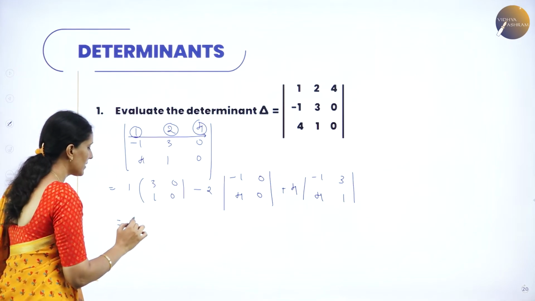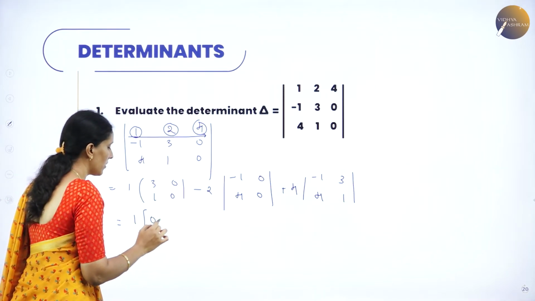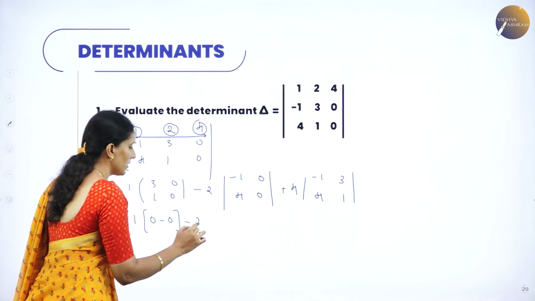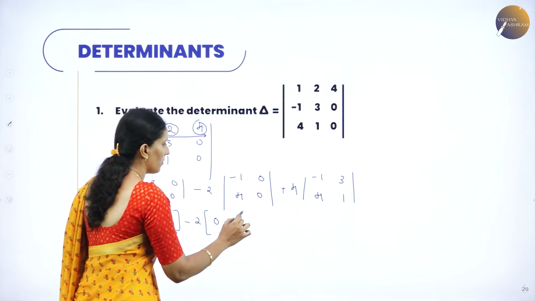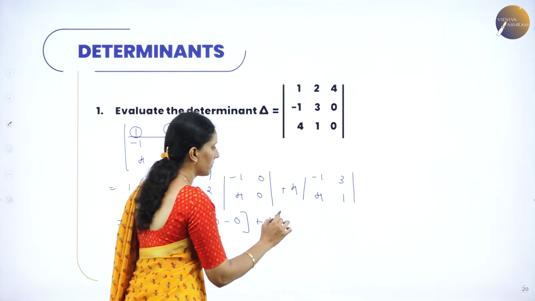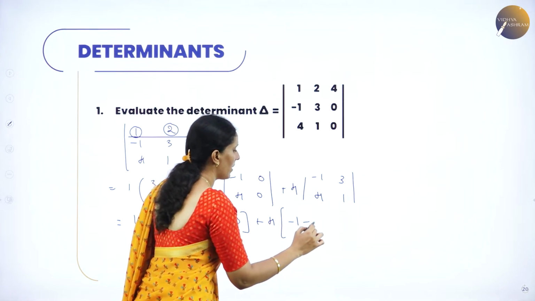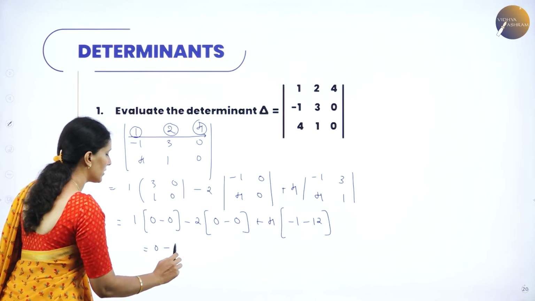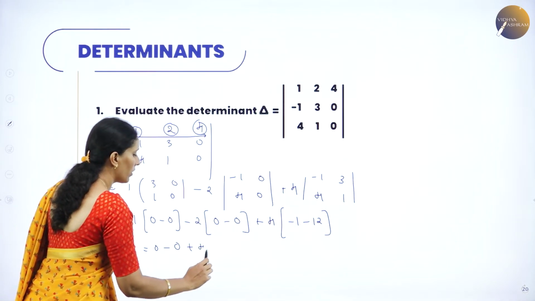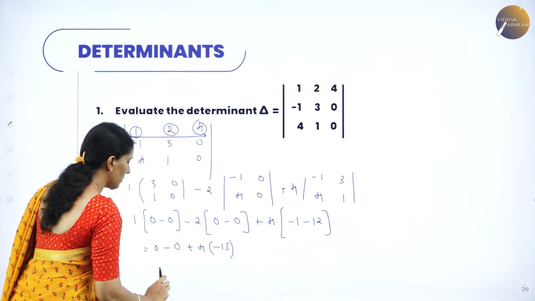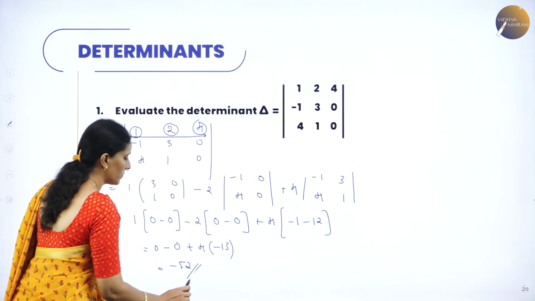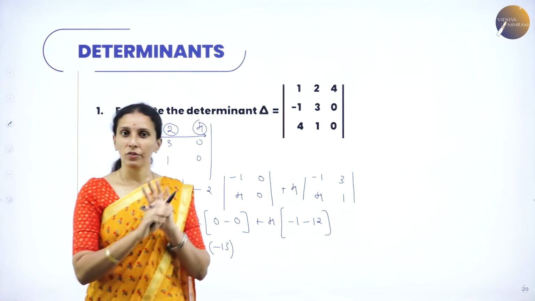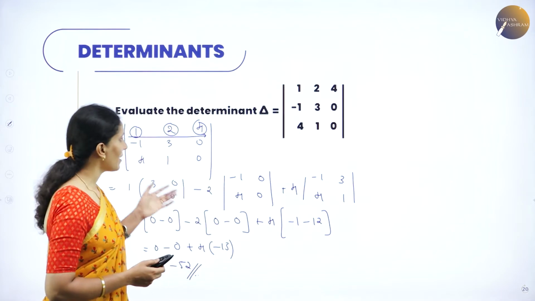Let us expand this. 3 times 0 is 0, minus 0. Minus 2 times 0, minus 0. And here plus 4, we have minus 1, minus 12. So here it is 0, here it is 0, and here it is 4 into minus 13, which is equal to minus 52. So the value of the determinant will remain the same, but the expansion may differ.